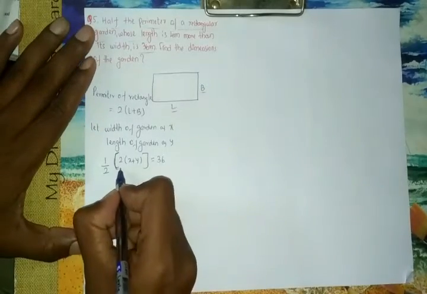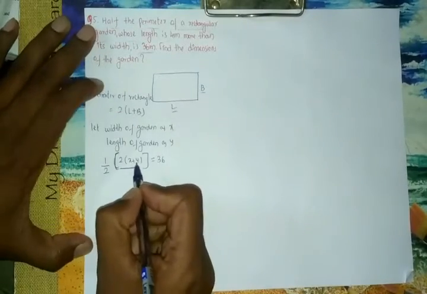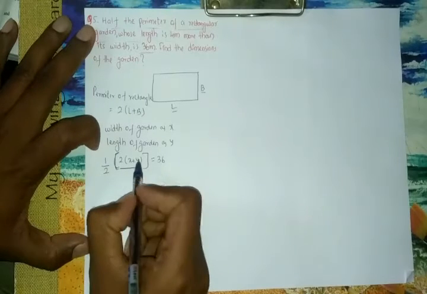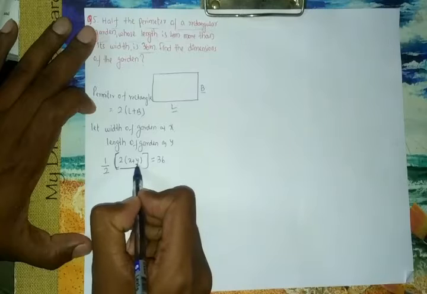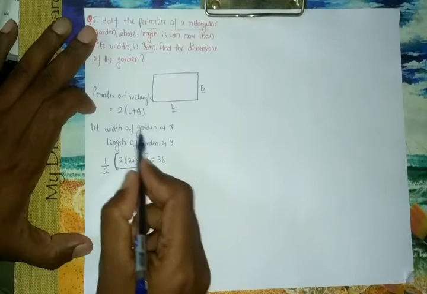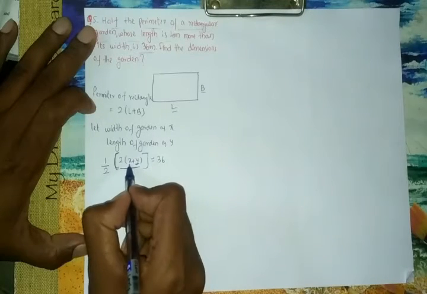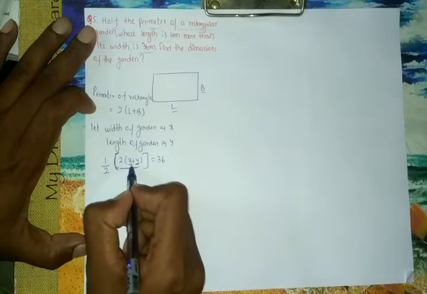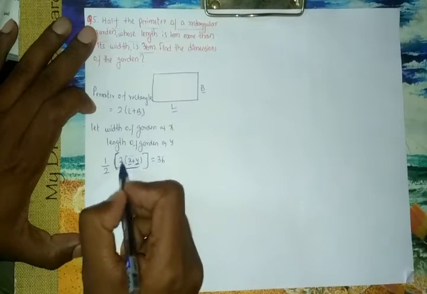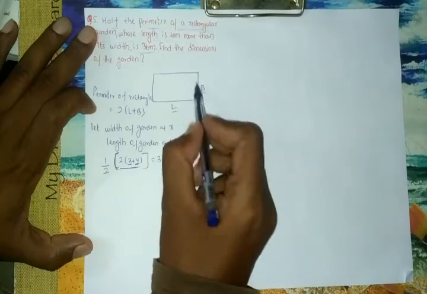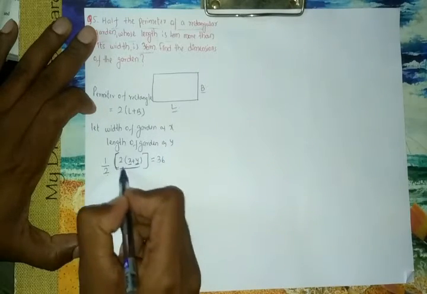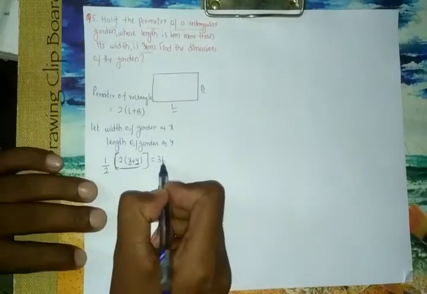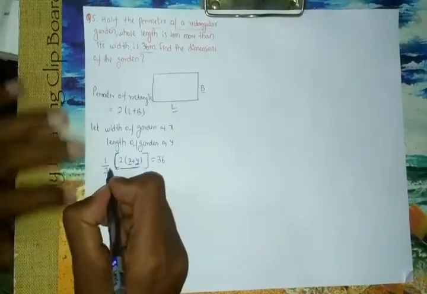So 2 into L plus B is the perimeter of rectangular portion. L I have taken as y here, and width I have taken as x. So half of the perimeter of rectangle is equal to 36, which is given as one of the conditions.